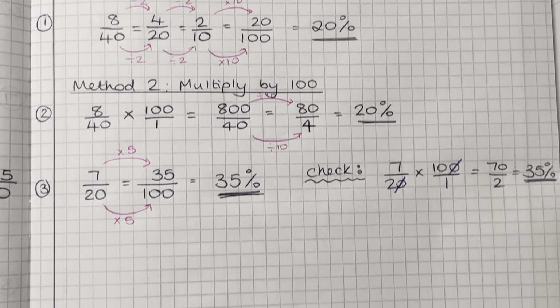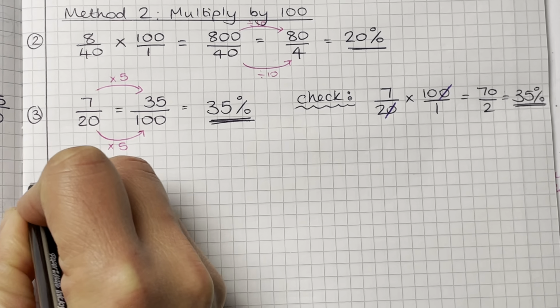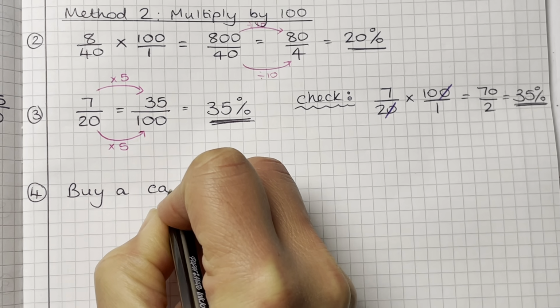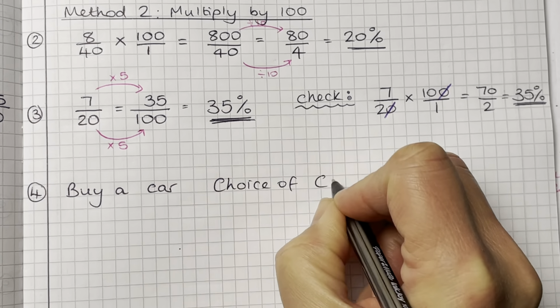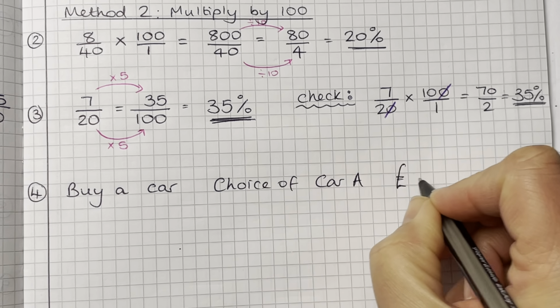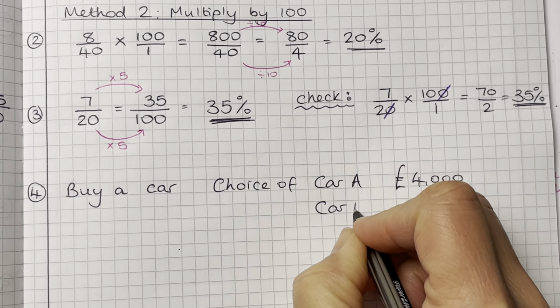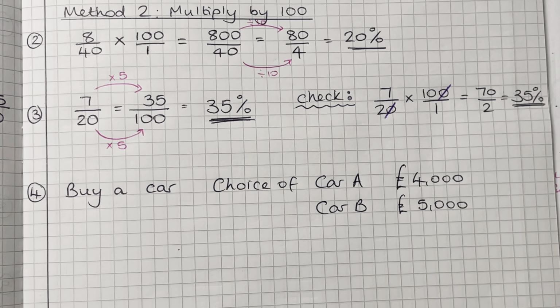So let's say, for example, I wanted to buy a car, and I've got a choice of car A, which costs £4,000, or car B, which costs £5,000.